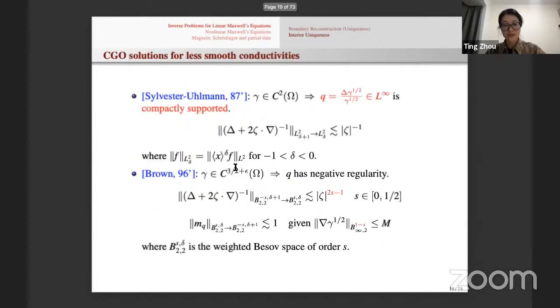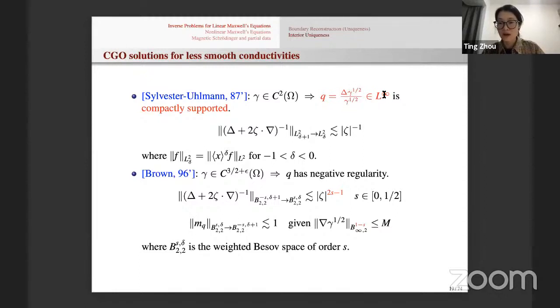We look at different results improving on the previous results in the Sylvester and Uhlmann paper, where they consider gamma being C2. Okay, the conductivity, when it's C2, the potential Q takes this format, the Laplacian of the square root of gamma over the square root of gamma.